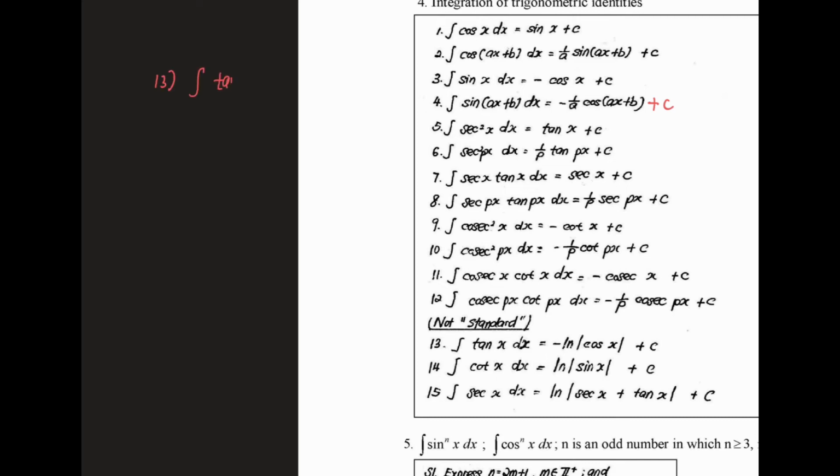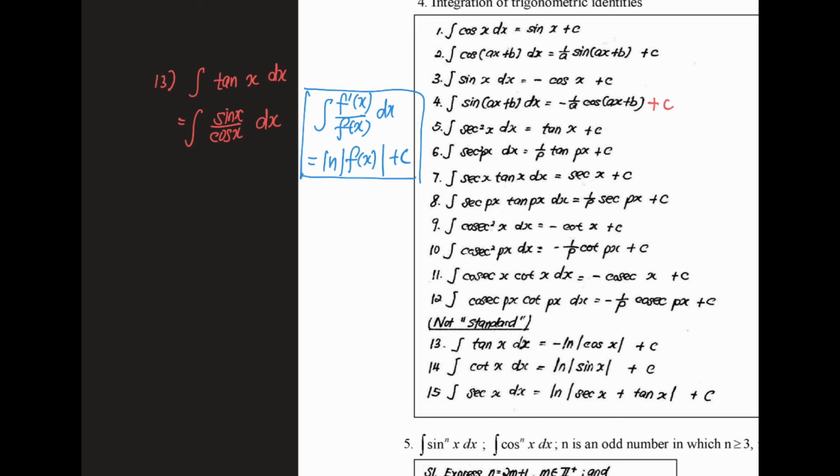integrate tangent x dx, you change it to sine x over cos x. So based on the formula that we learned just now, integrate f prime of x over fx equals ln modulus fx.